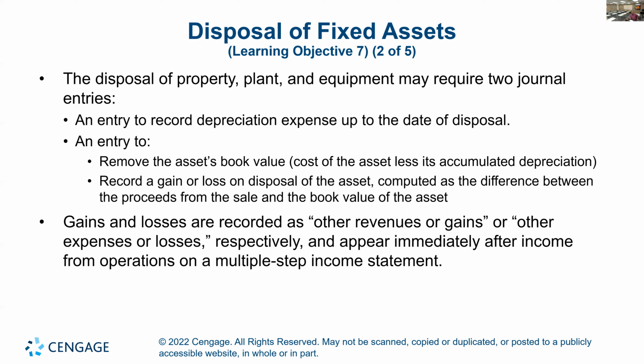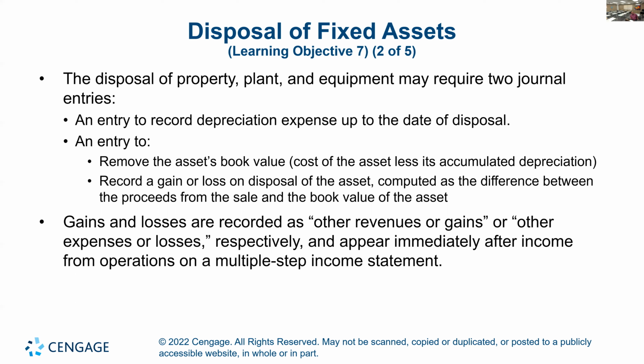We might only record depreciation expense once a year, but if we sell on August 1st, we haven't recorded January through July. We have not recorded 7 months of depreciation. So we need to make an entry to record that depreciation first.